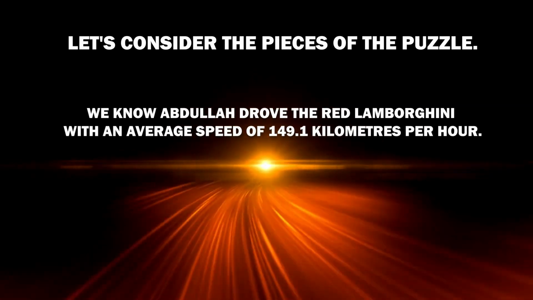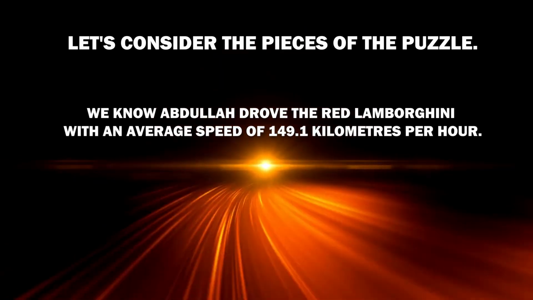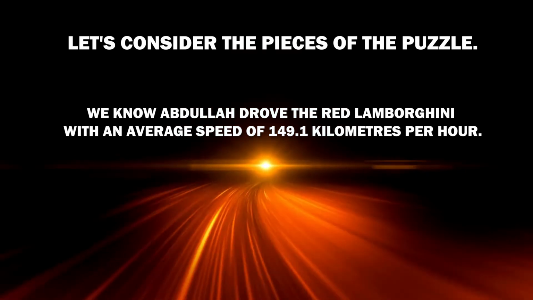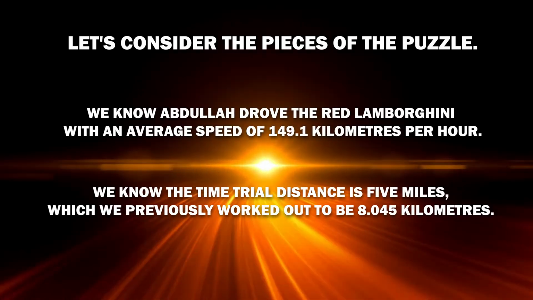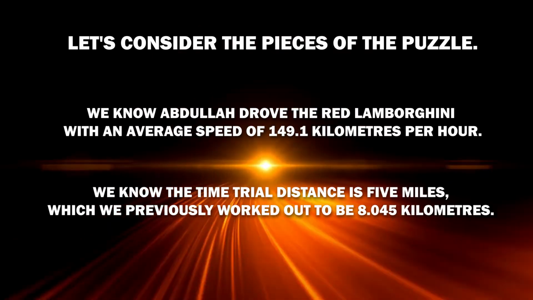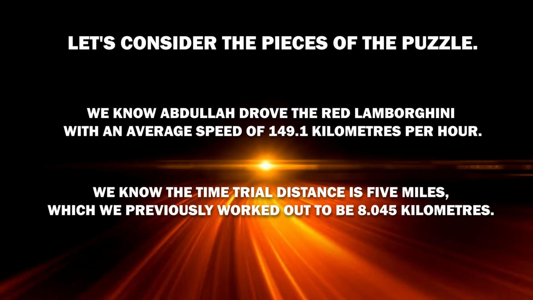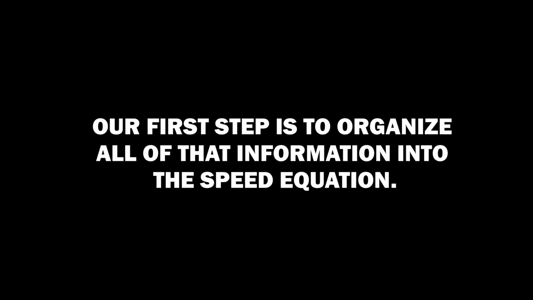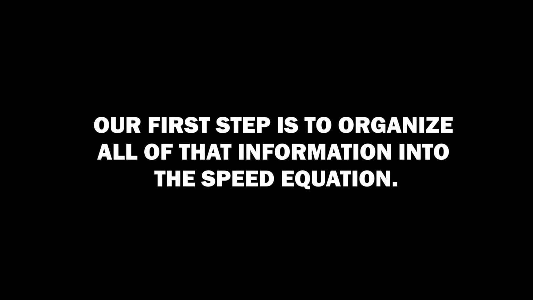We know Abdullah drove the red Lamborghini with an average speed of 149.1 kilometers per hour. We know the time trial distance is 5 miles, which we previously worked out to be 8.045 kilometers. Our first step is to organize all of that information into the speed equation.